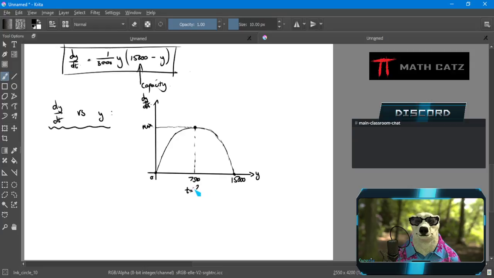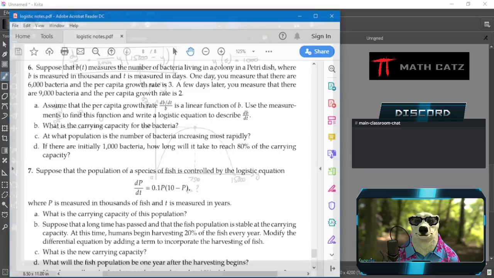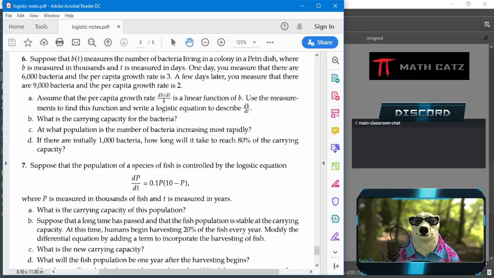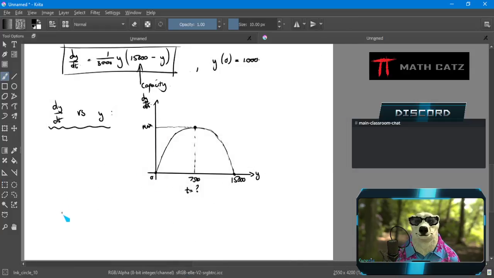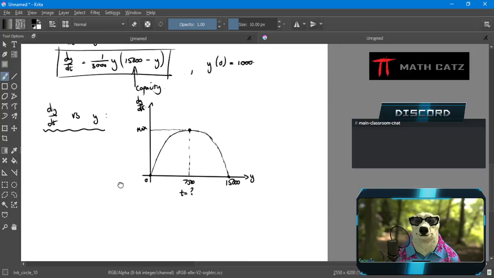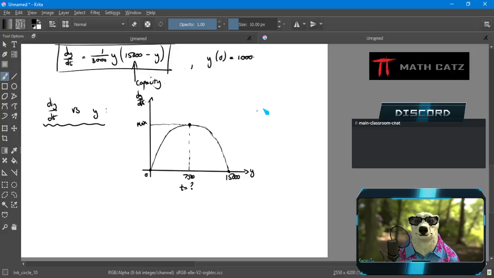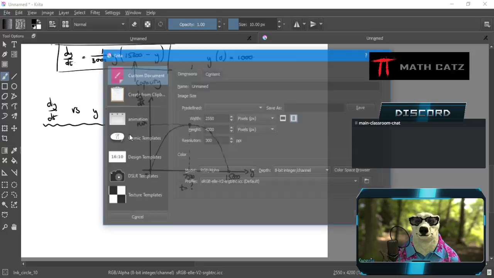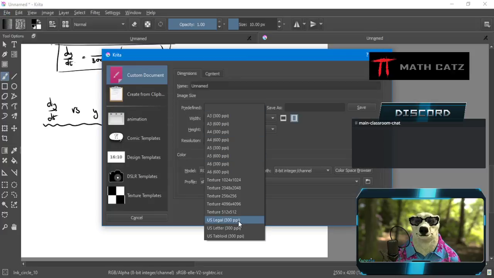Once we have the function, we can answer all the questions they want. So I originally have 1,000. I now have my initial value problem complete. And now we can go through the motions of practicing to solve this differential equation.